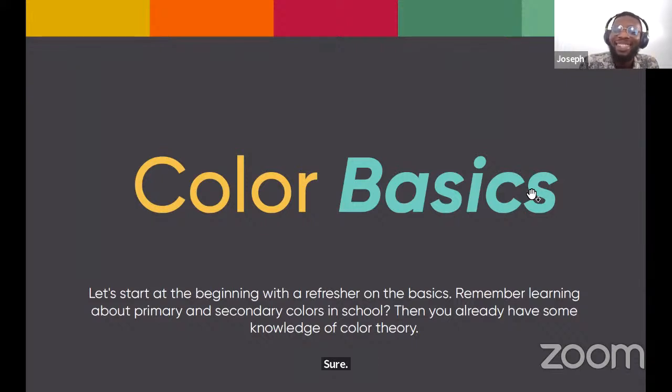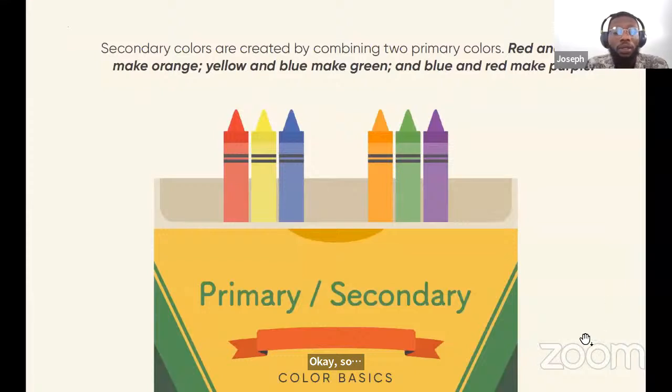Thank you. Okay, so let's keep it going. Primary colors, which is red, blue, yellow. Secondary colors are made up of colors that are gotten from mixing the primary colors, right?